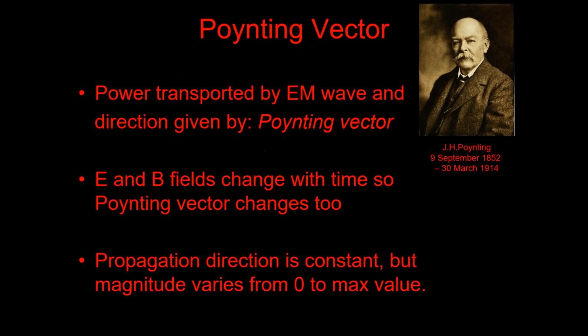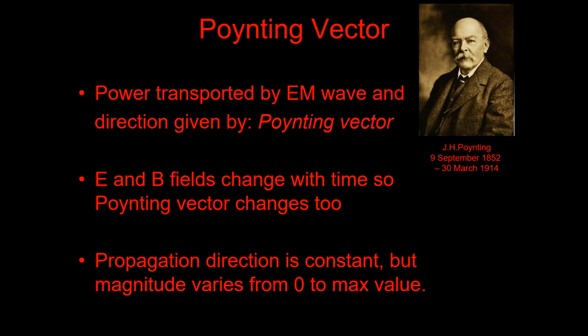And it was J.H. Poynting, John Henry Poynting, who came up with this, somebody who was not far from my actual hometown. He looked at the power that's transported by an electromagnetic wave and figured out that this was due to electric and magnetic fields that were changing in time. Now, if our E and B fields are changing, so too is the Poynting vector itself.